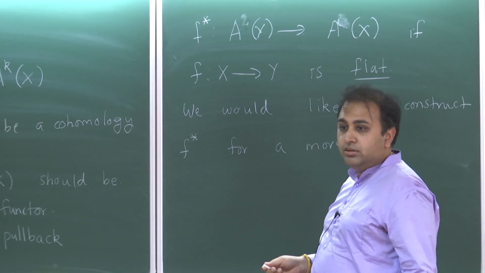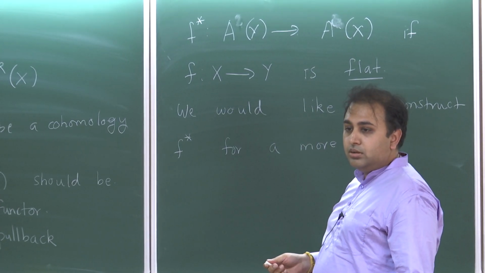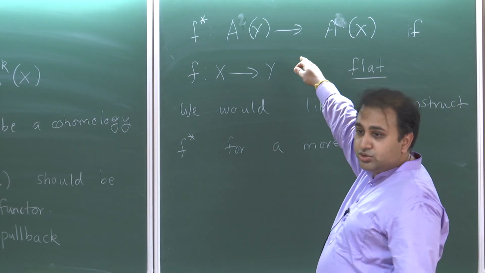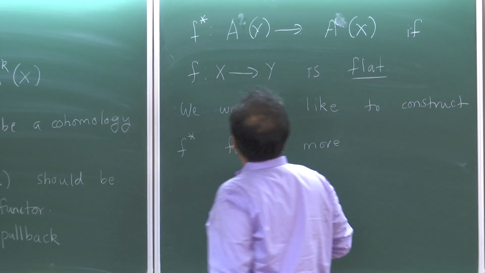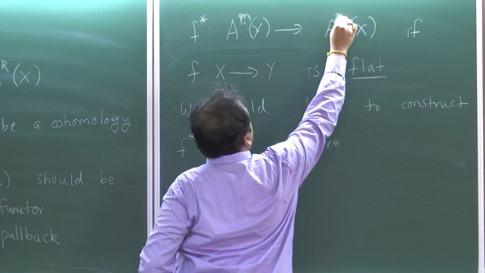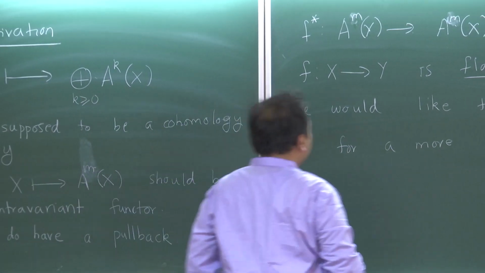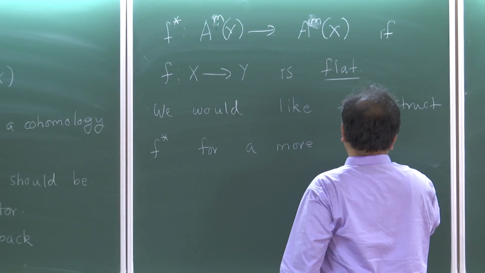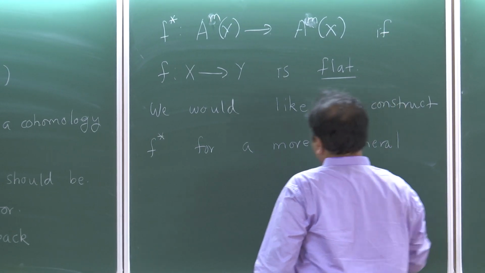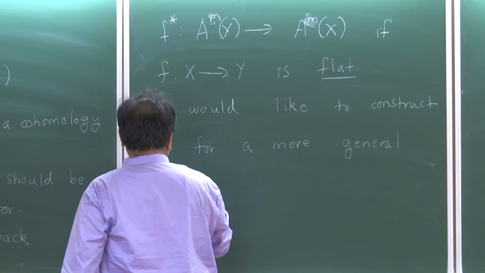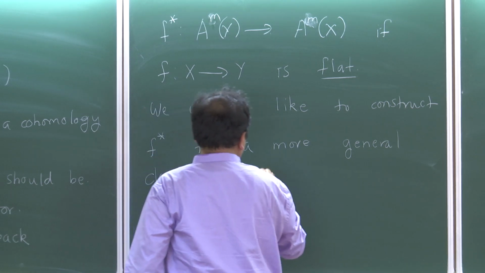It's cohomology, so maybe I'll just write L, not K. So this is fine. That is not the problem. So, for a more general class of morphisms.